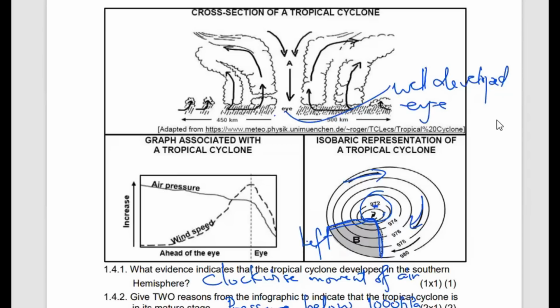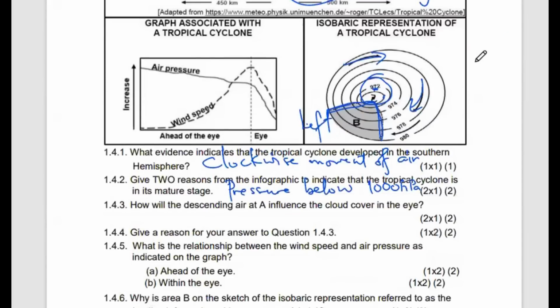If the system has a well-developed eye, it suggests that it has matured. In its initial stage, the eye would not be very distinct. But when we see the eye being fully developed, then we can suggest that the system has fully matured. And also, if we check our left quadrant here, the left quadrant is visible.